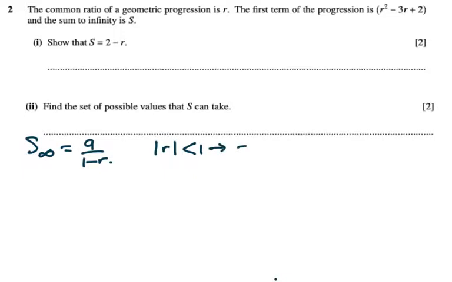That means your r value is between -1 and 1. For a geometry sequence to have a limit when they sum to infinity, limit partly means that when we add a successive term, it's not enough to reach a certain limitation, then your R value has to have a range.